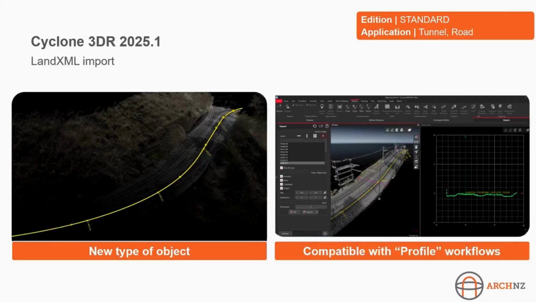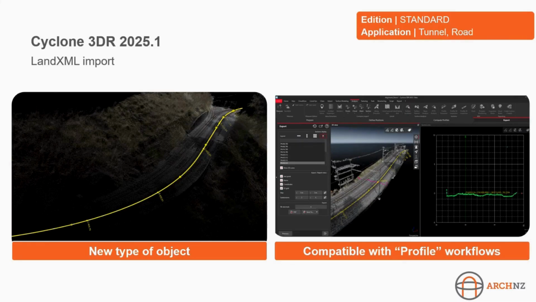One thing I didn't cover was this new ability with LandXML files. So when you import LandXML files into the 25.1 editions and above, it can read all of the points along the alignment, and it's compatible with the profile workflow. So those embedded points along the LandXML file can be the exact points for the profile sections, which can be quite important for rail applications.